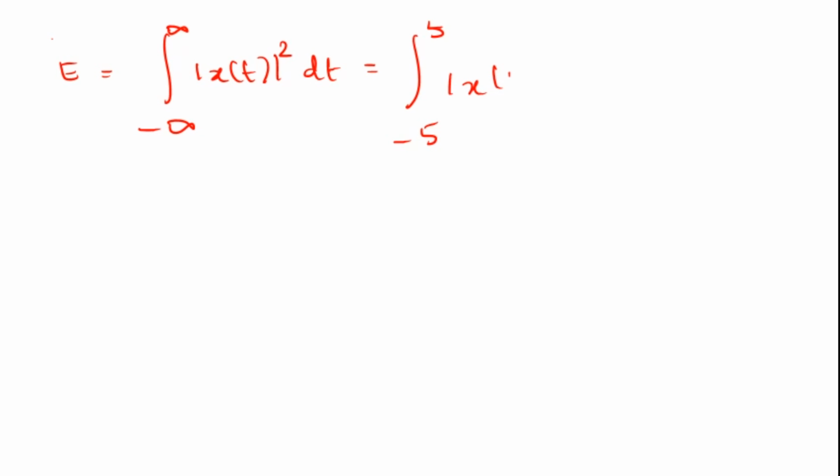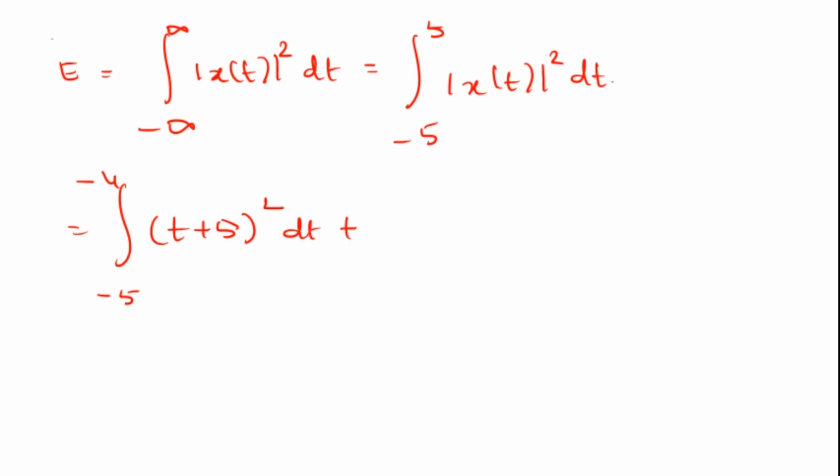Then energy E is equal to integration minus infinity to infinity mod of x of t whole square into dt, which is equal to minus 5 to 5 mod of x of t whole square into dt, which is equal to integration minus 5 to minus 4, it is t plus 5 whole square into dt plus minus 4 to plus 4, it is 1, that means dt, plus 4 to 5, it is 5 minus t whole square into dt.